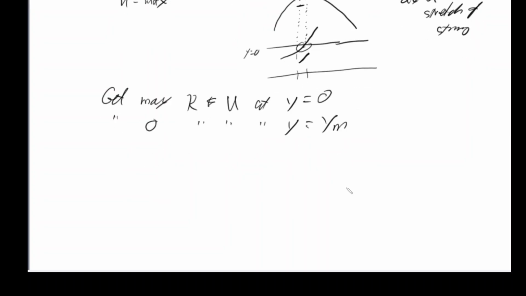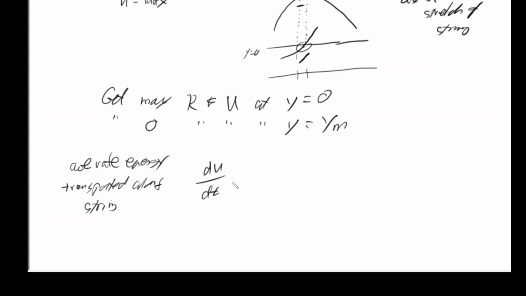Now let's look at the average rate that energy is transported along a string. And we would call that the change in potential energy versus time, average.